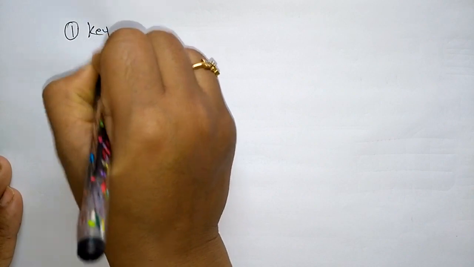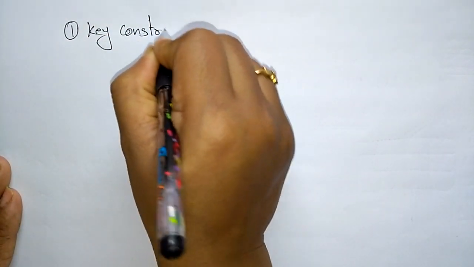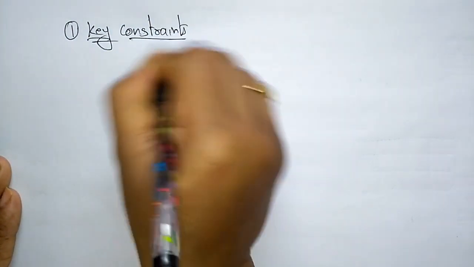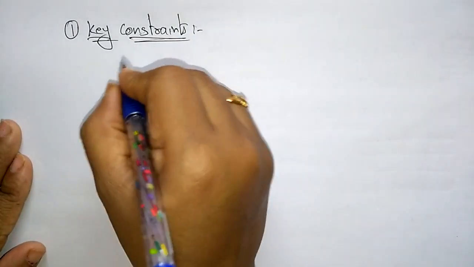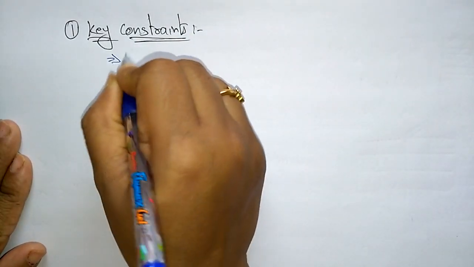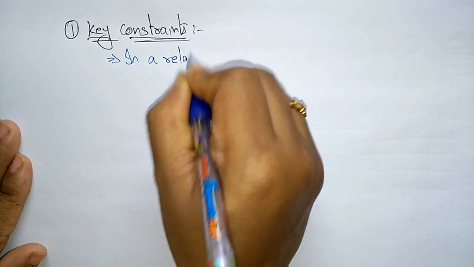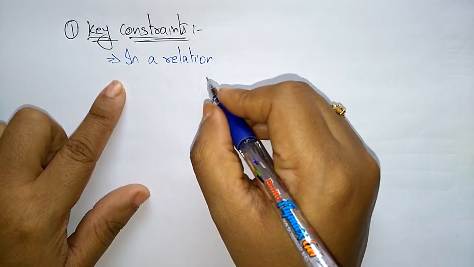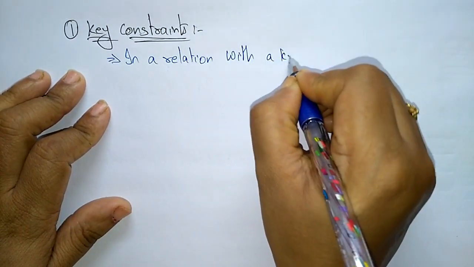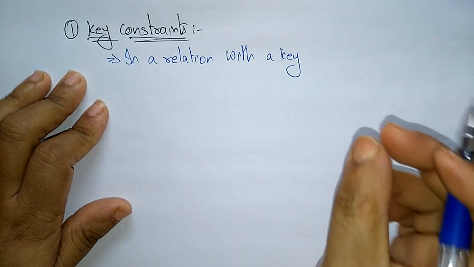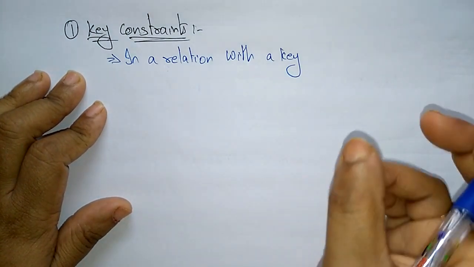So what is the first, key constraint? Key constraint forces that, I'm writing the points, just see here, in a relation with a key. Key is nothing but an attribute.